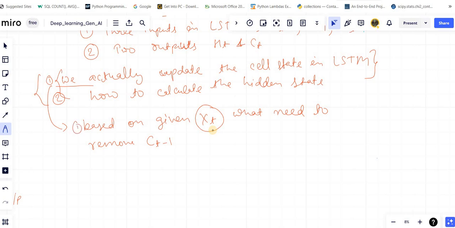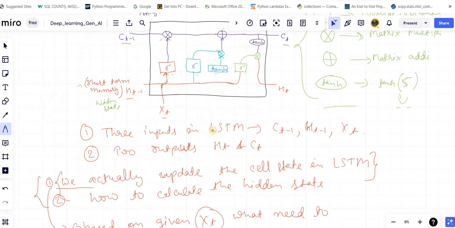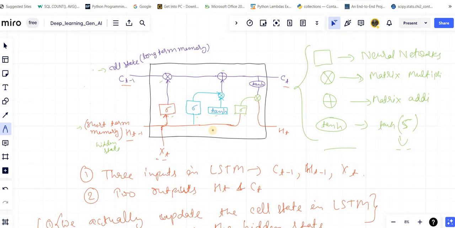So how will the cell state get updated? Whatever input word goes to the LSTM, along with ht minus 1, based on that we are supposed to remove something from this cell state. Right now I know you won't understand what is coming in ct minus 1.